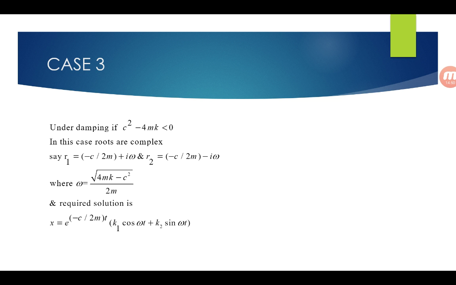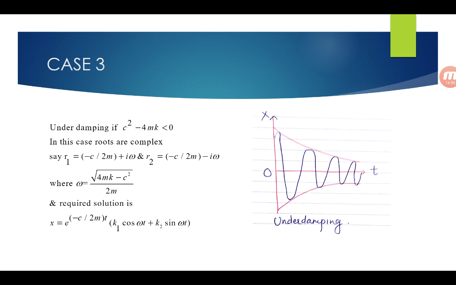This case is physically described as underdamping, whose graph of solution is as shown in the figure. So that's it about the mass spring system described with the help of a second order LDE with three kinds of solution in three kinds of cases.